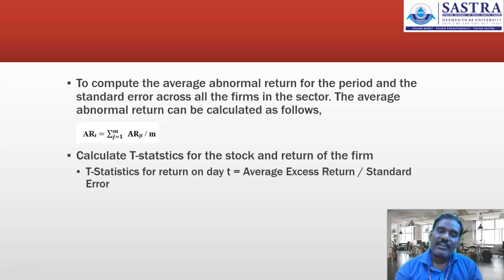The standard error is the deviation of returns during the specific period of time, with the number of firms in that event study. With that, you can identify the value of the t statistic: average abnormal return divided by standard error. You can identify whether this event has a significant impact or not.